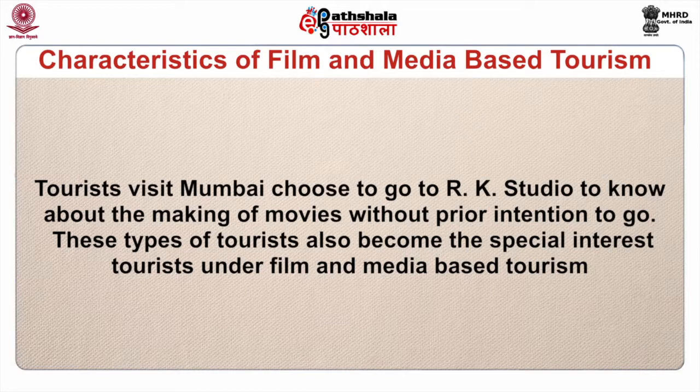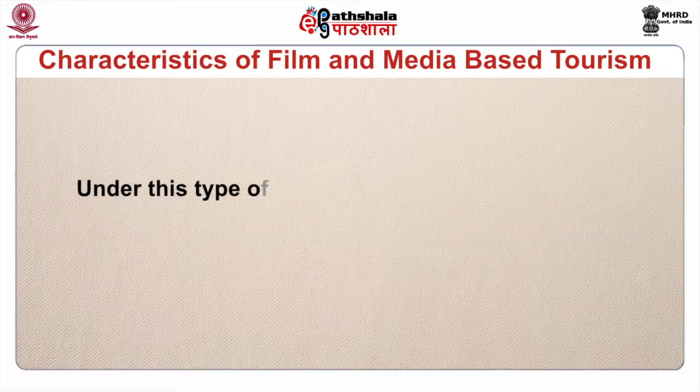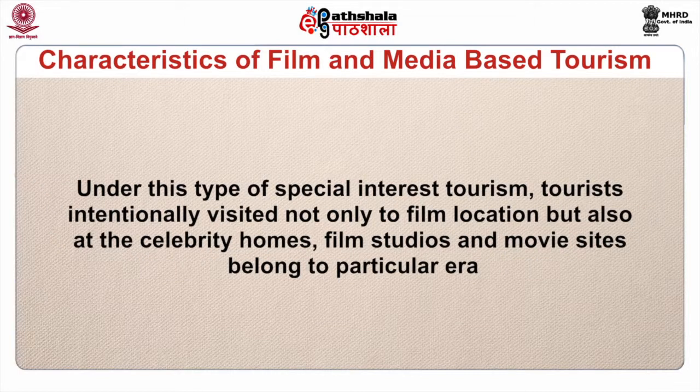These types of tourists also become the special interest tourists under the film and media-based tourism. Under this type of special interest tourism, the tourist intentionally visited not only to the film location but also at the celebrity homes, film studios and movie sites belong to a particular era.